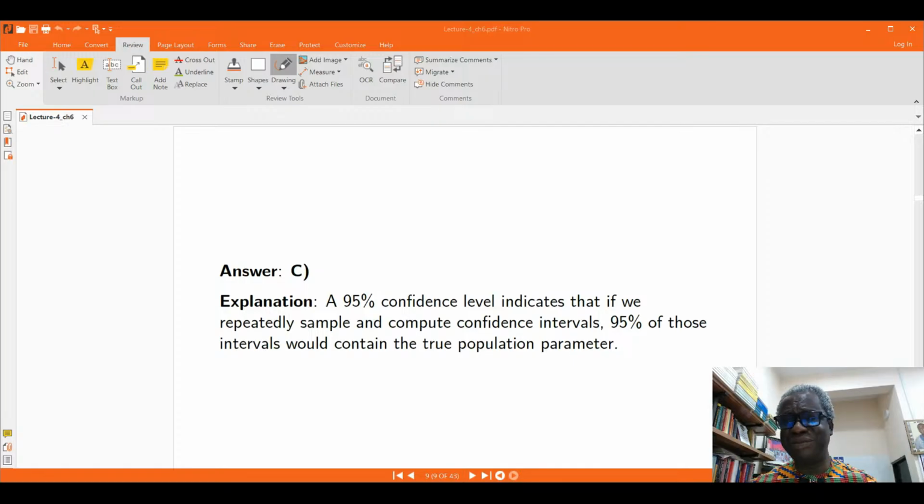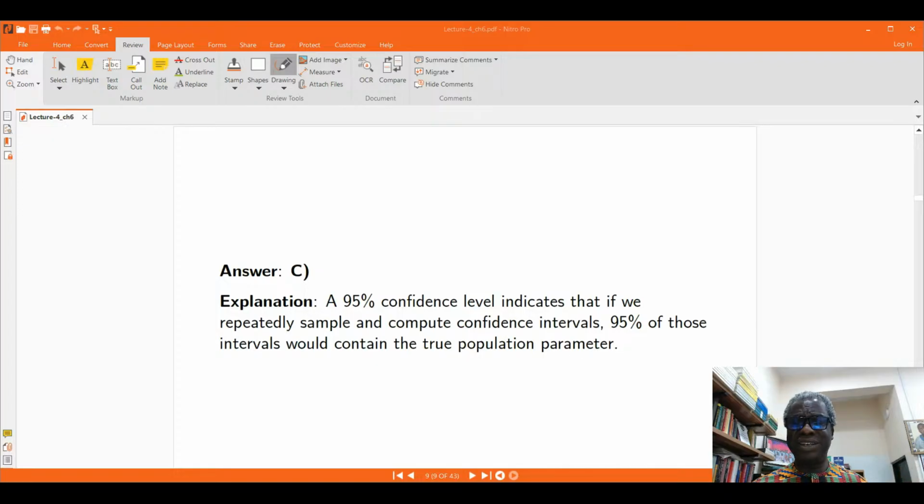Okay, because of you, I will just repeat what I said. When we say a 95% confidence level, it simply means that you take the first sample of a given size from a population, and you compute the confidence interval.